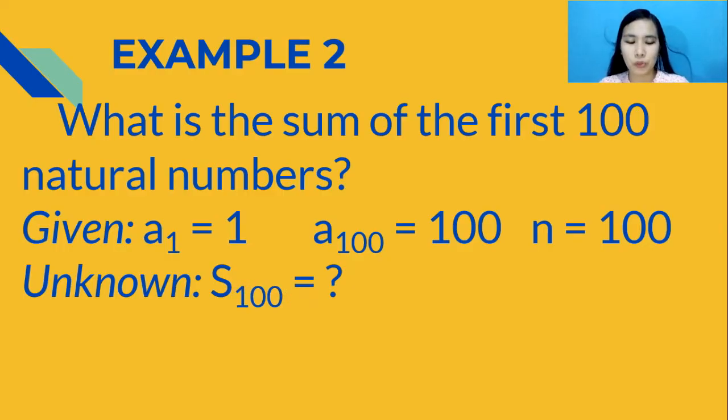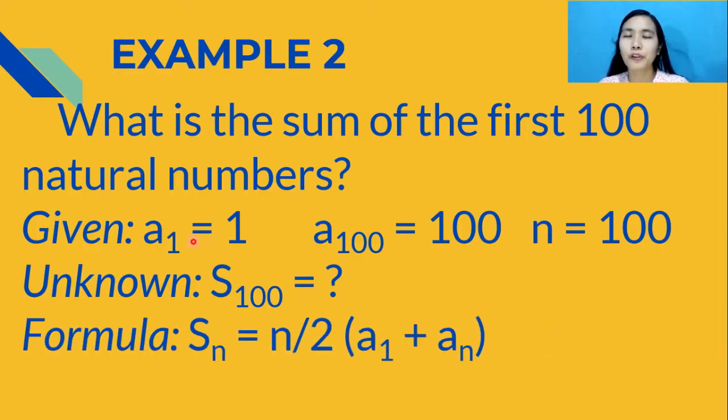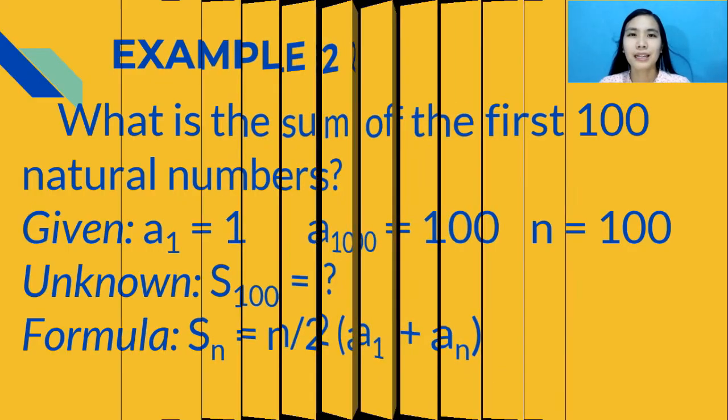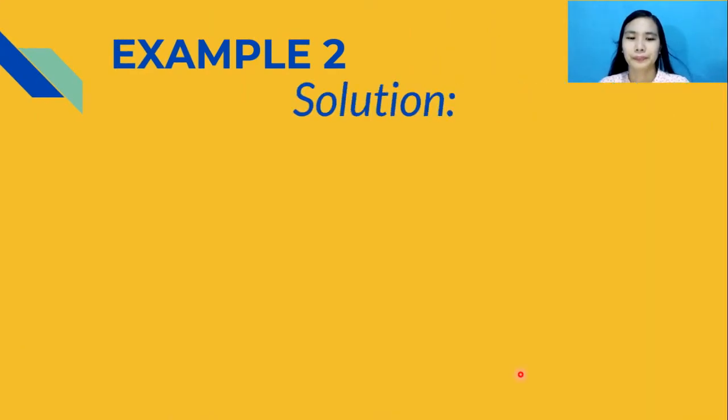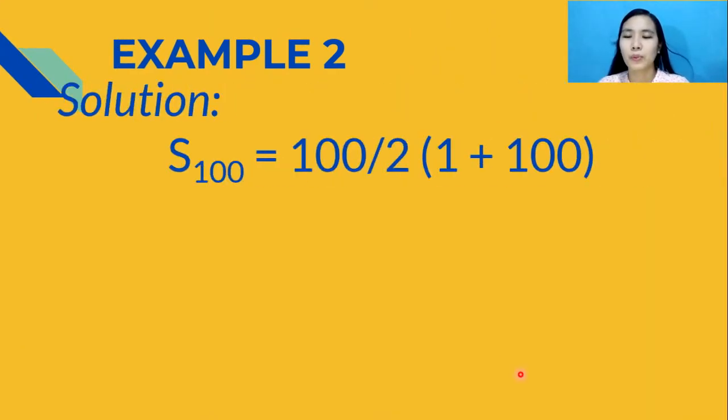The formula to be used, since the given are the first term and the last term here, we can use the first formula. That is, S sub n equals n over 2 times the quantity of a sub 1 plus a sub n. Let us now substitute. Using the values, we have S sub 100, n is 100, equals 100 over 2 times the quantity of the first term plus the last term, which are 1 and 100 respectively.